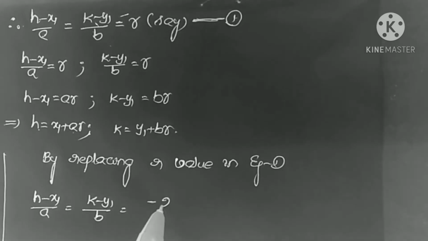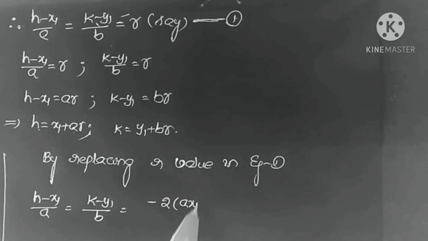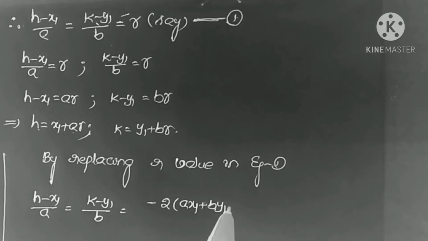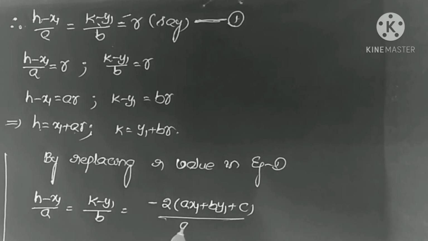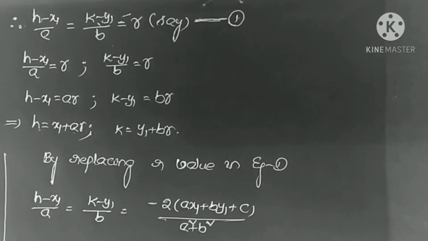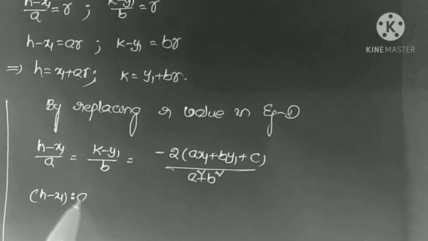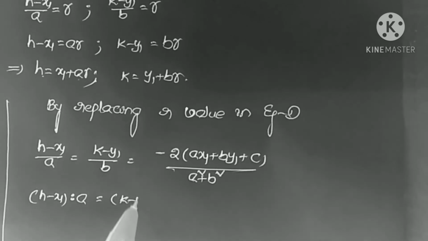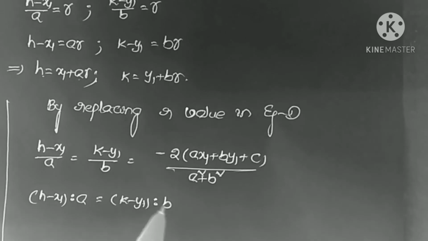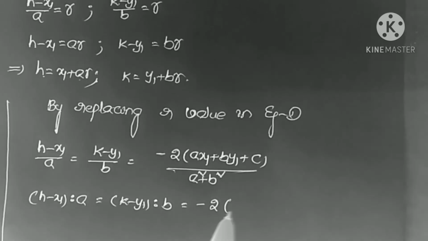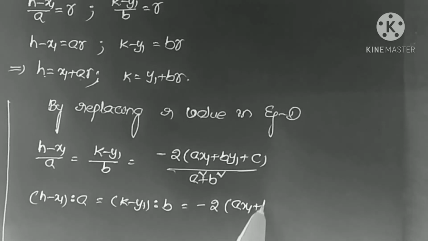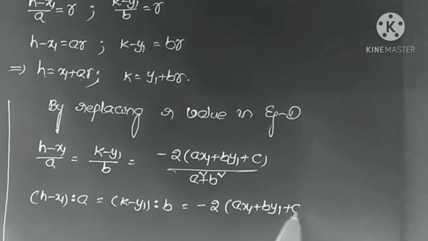What is the r value? −2(ax1 + by1 + c)/(a² + b²). Therefore, the answer is (h − x1)/a = (k − y1)/b = −2(ax1 + by1 + c)/(a² + b²).